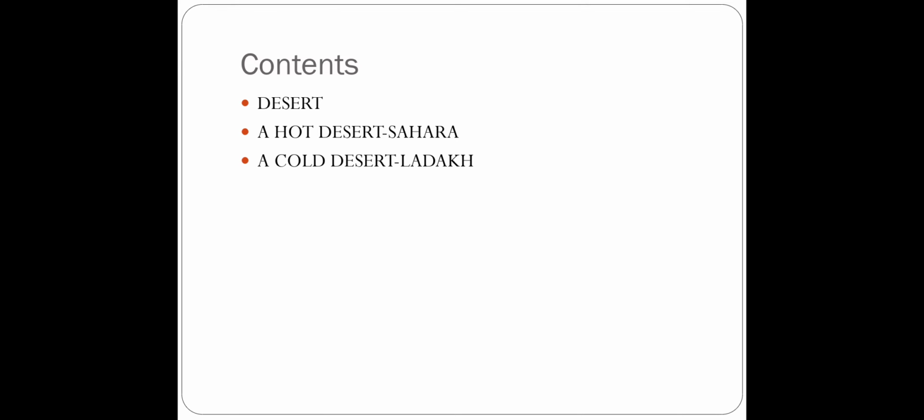Then we are going to study two types of desert, one hot desert and one cold desert. You can take this like the last three chapters we were doing in geography, that is life in the tropical and subtropical regions, life in the temperate grassland, life in the desert.